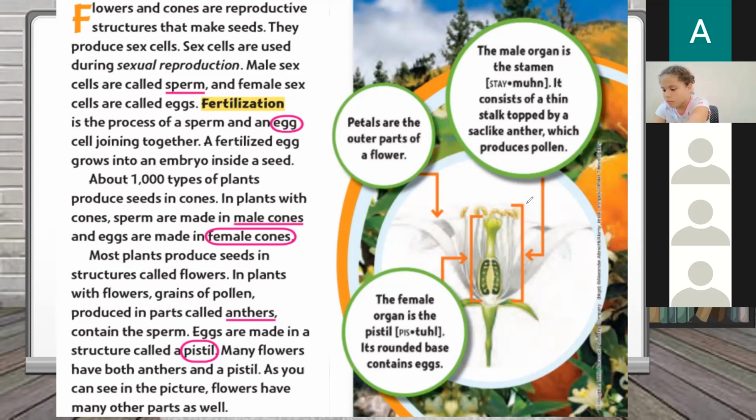Now, the outer part, which is the male part over here, M for male, F for female, okay? The male part gives a sperm to who? It gives a sperm to the female. The sperm goes inside to the egg.